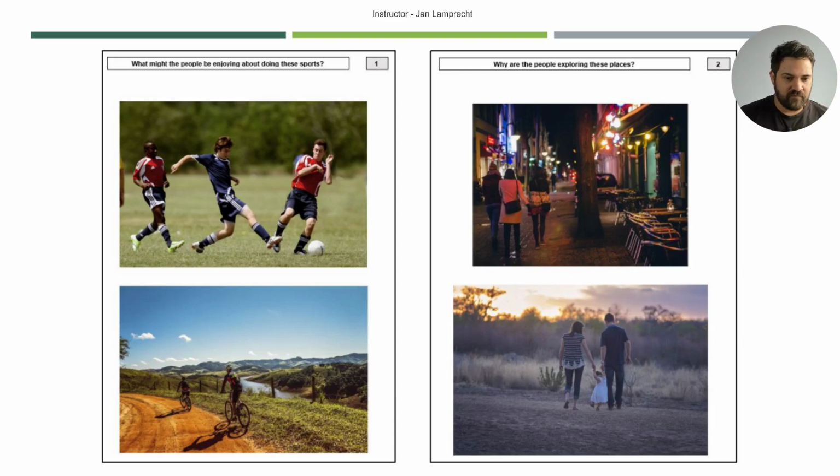Okay, so now you can have a look at this one. Okay, why are the people exploring these places? Take a moment. I'm gonna give you a few seconds here to look at it. Okay, so can you see similarities? Can you see differences? Okay, because why are they exploring these places? See, if I look at the bottom one, I see a nice, happy, I believe, happy family right there.